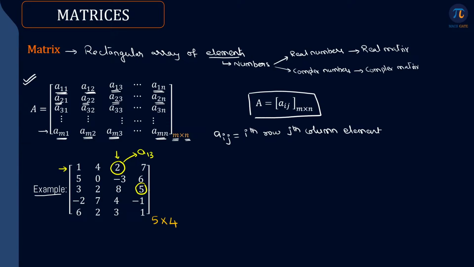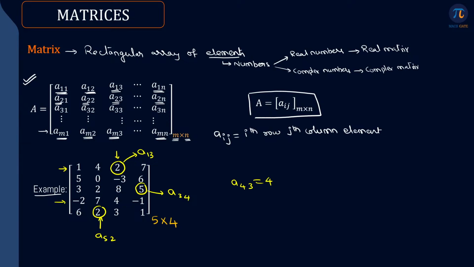What about this? It is in the third row and fourth column. What is this element? It is in the fifth row, second column. Now I can ask you, what is A43? That is in the fourth row, third column: 1, 2, 3. This is the element. So what is A43? 4. So this double subscript notation you should understand.